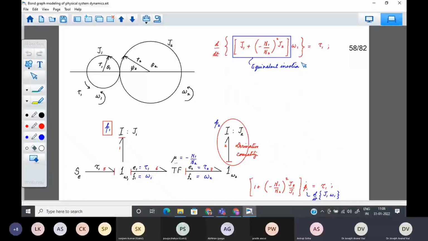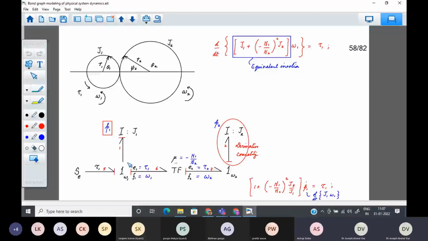And so we can write this part here, and this part which is shown in the brackets, it's a constant, and it happens to be the equivalent inertia, because this inertia, when it is multiplied with angular velocity 1, that is the angular velocity on the pinion side, it gives you the same effect as if these two are coupled using this spur-gearing, and the rate of change of this combined inertia multiplied by angular velocity 1 is caused by the torque that is acting on this link.